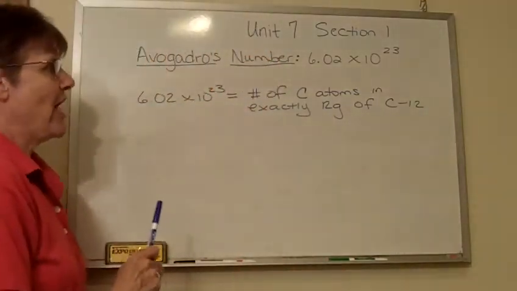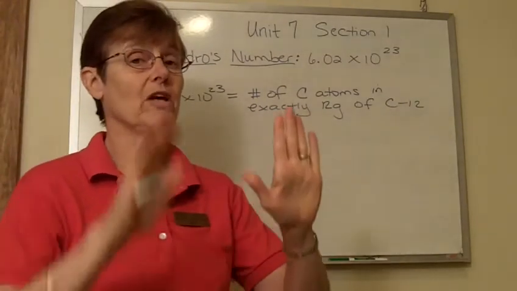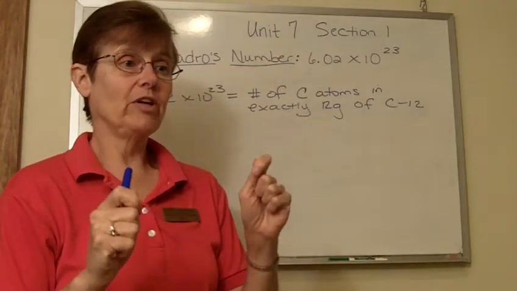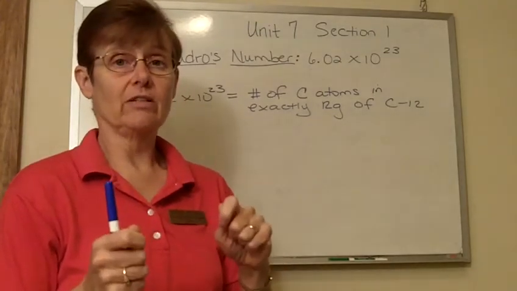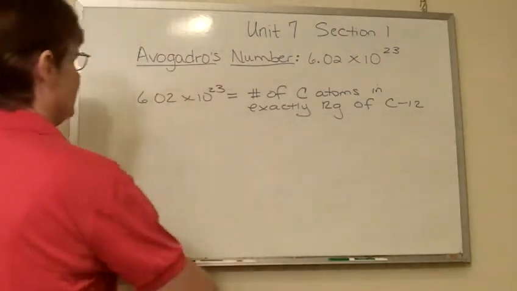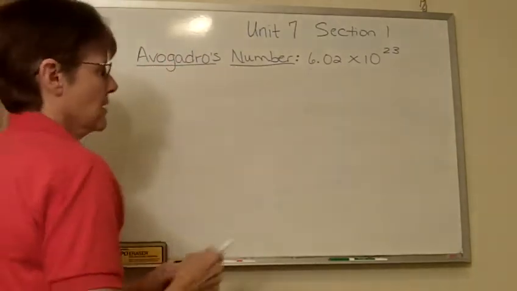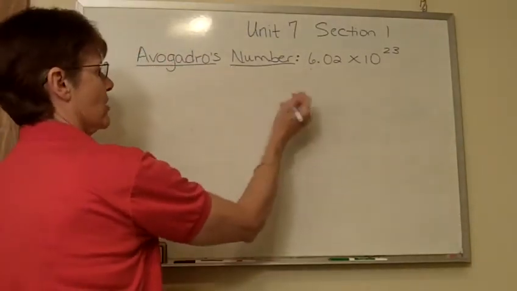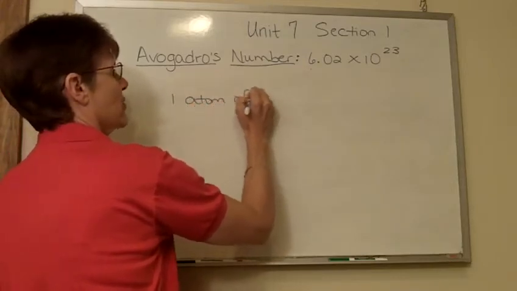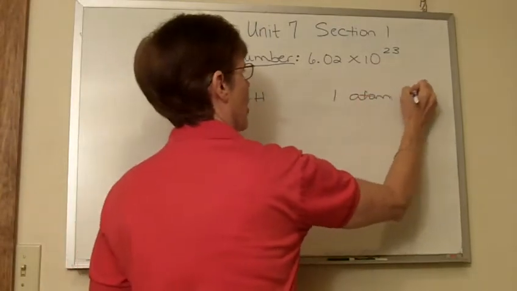Now, the neat thing about that is that because he chose 12 grams of carbon 12, we can use ratios to figure out how many grams of other things are in 1 mole. And let me show you how that works. Let's say we want to compare hydrogen to carbon. So we have 1 atom of hydrogen compared to 1 atom of carbon.